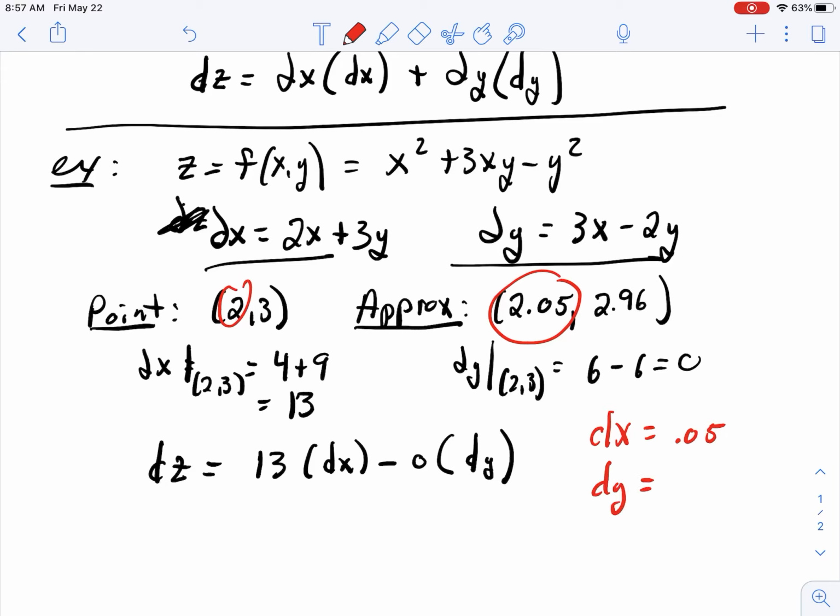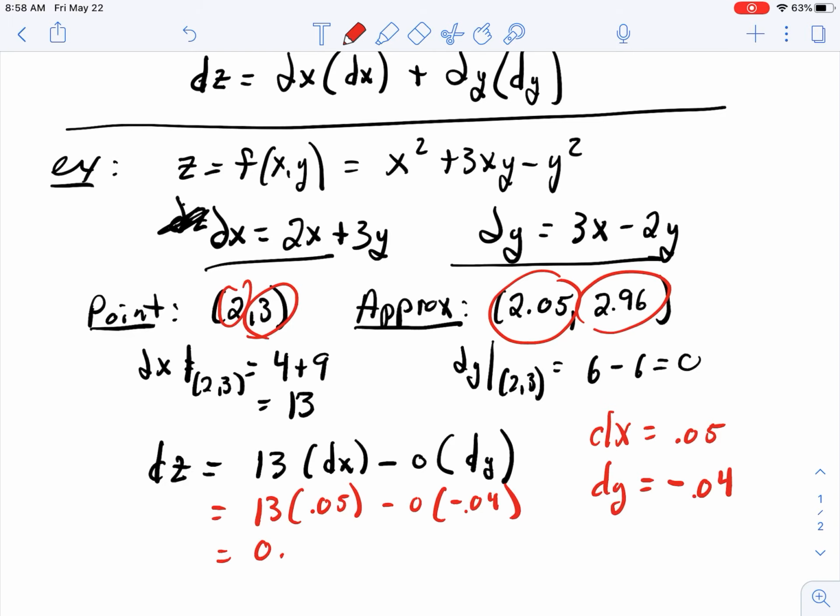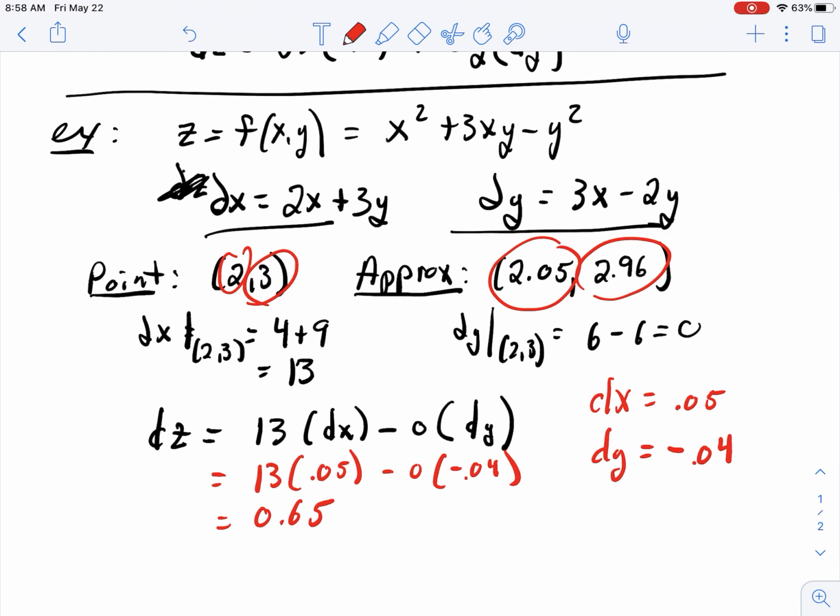My change in y, even though it doesn't matter because it's 0, but I do want to talk about that, would be negative 0.04. Plugging this in, I'd have 13 times 0.05 minus 0 times negative 0.04. So the approximate difference would be 0.65.